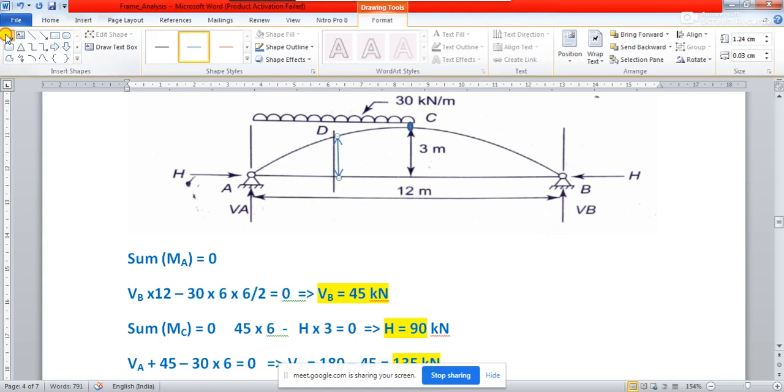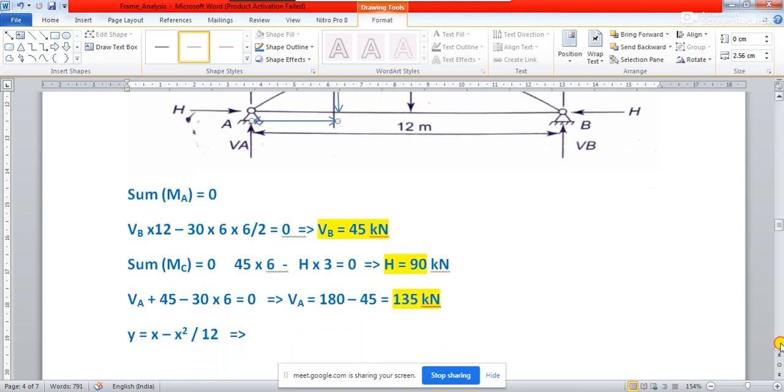So you know the value from here to here. You know it, because this distance is nothing but your 3 meter, that is given in the question. Okay.